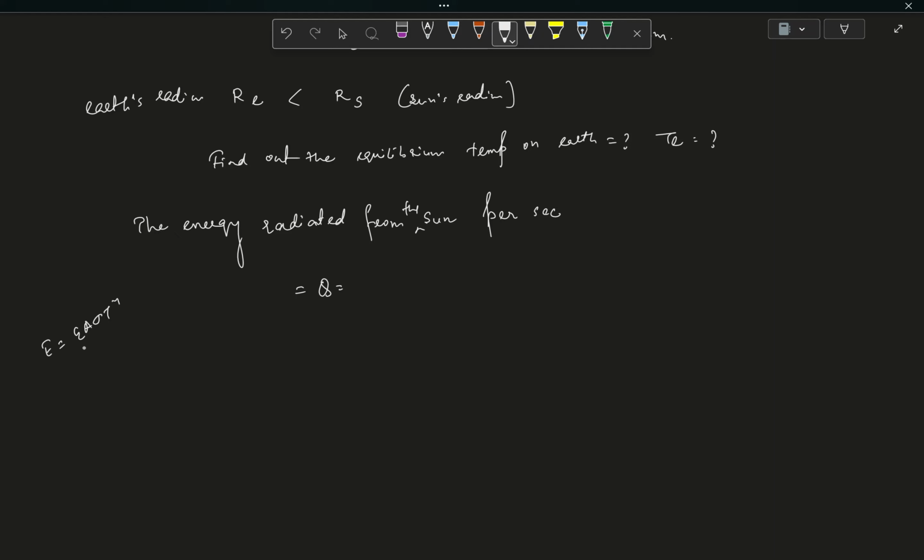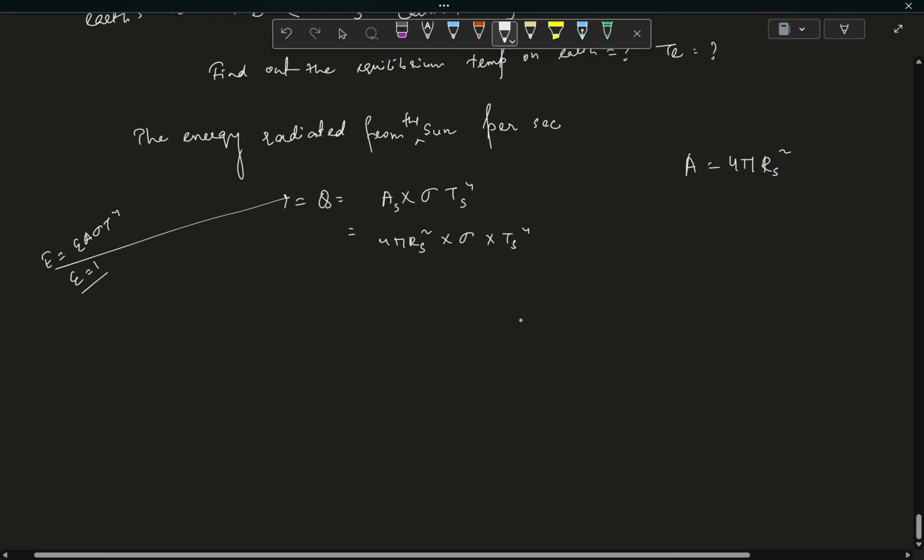This is energy per time, and for a black body epsilon equals 1. So Q is simply area times sigma T to the power 4, and the area of the Sun, because it is spherical, is 4 pi Rs square. We say As because it is coming from the Sun, and Ts is the Sun's temperature. So this is 4 pi Rs square into sigma into Ts to the power of 4.